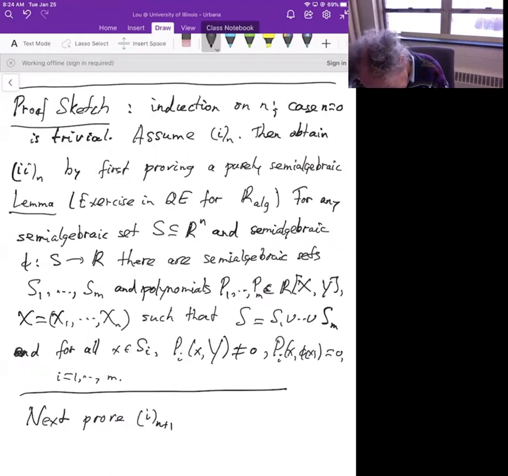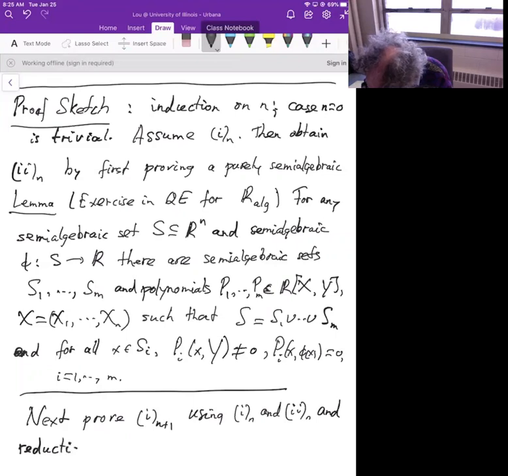Next, proof of 1n+1 using 1n and 2n, and also reduction to the case where S is a semi-algebraic cell. That's also an reduction.